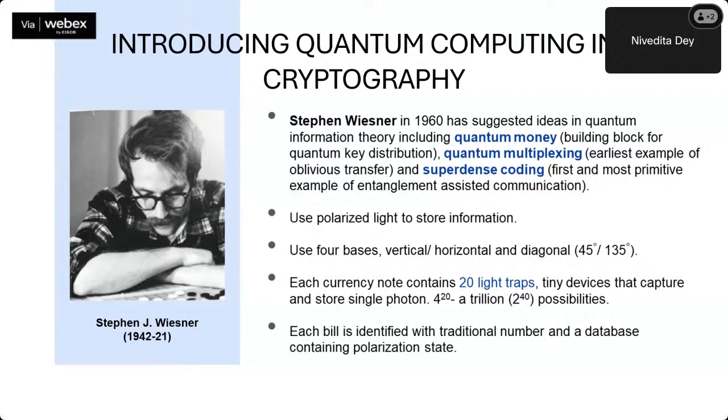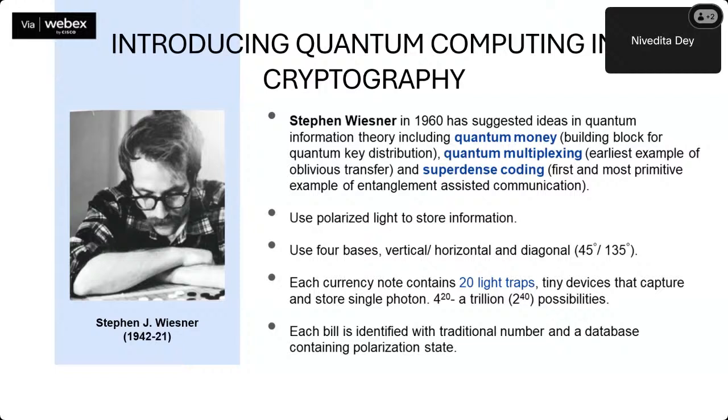So each currency note contains 20 light traps, tiny devices that capture and store a single photon. Since I have 4 bases, I can choose for each light trap from 4 possibilities, so 4 times 4 times 4. Likewise, for 20 light traps, it is 4 to the power 20, which is 2 to the power 40.